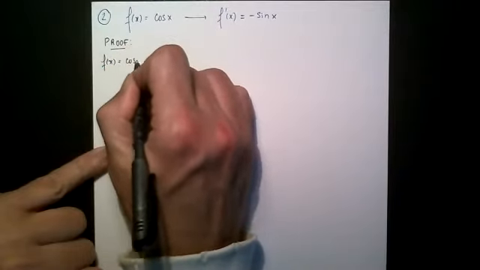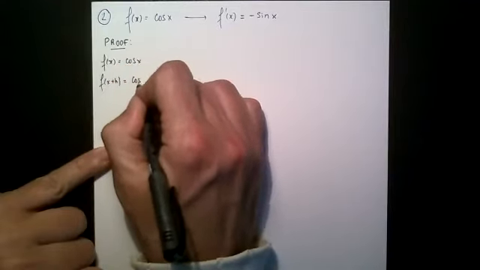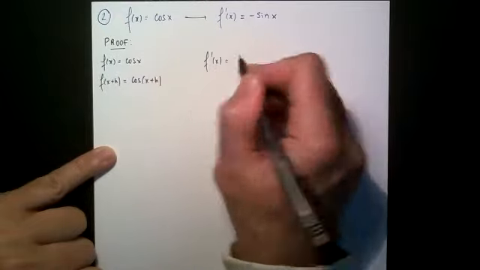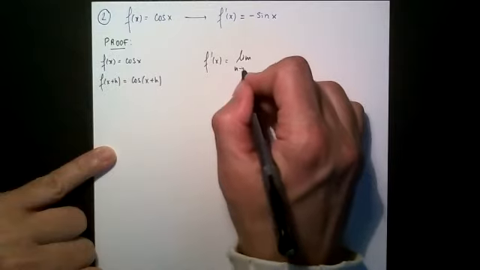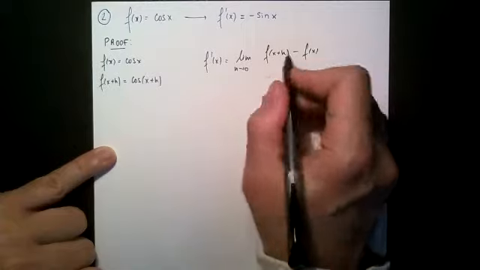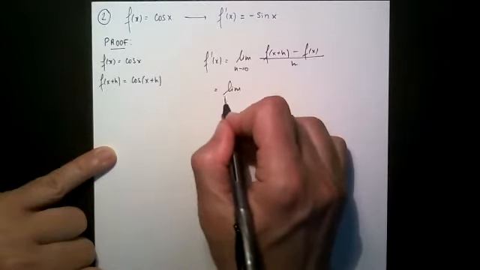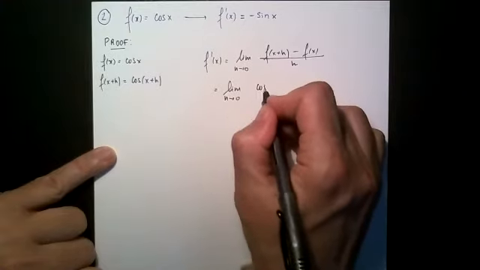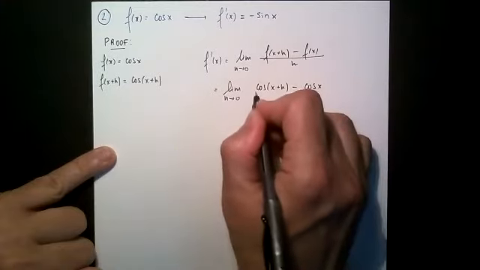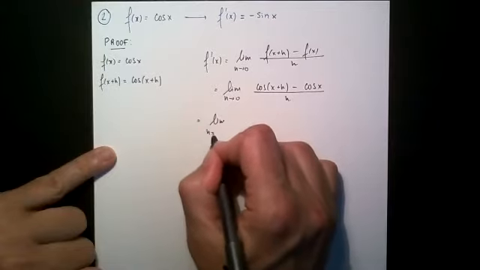F of x is cos x. F of x plus h is cos of x plus h. F prime of x, limit h approaches 0 of f of x plus h minus f of x over h. Limit h approaches 0, so cos of x plus h minus cos of x over h equals limit h approaches 0.